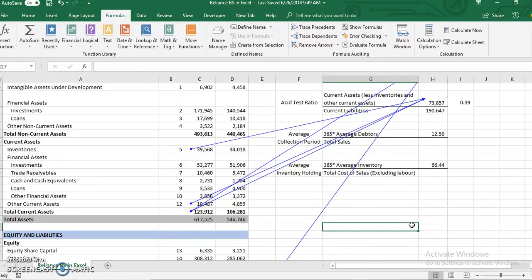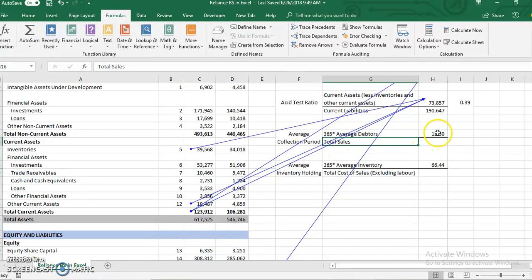Now let's look at the next one here, average collection period. Average collection period is actually calculated in two different steps. One is the average daily sales, which is total sales divided by 365, and then you can calculate that from average debtors.